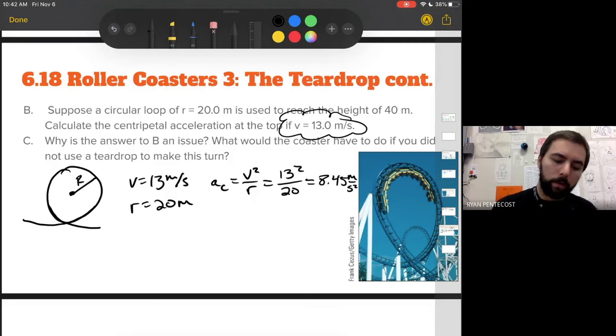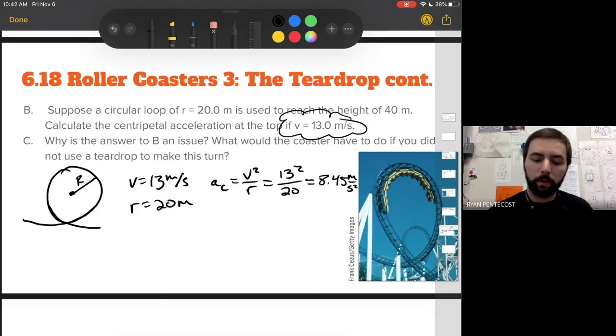Now, it's a bit concerning. Why is the answer to B an issue? What would the coaster have to do if you did not use a teardrop to make this turn?